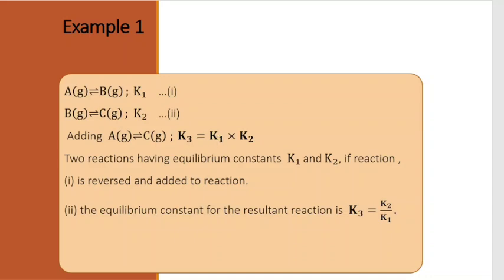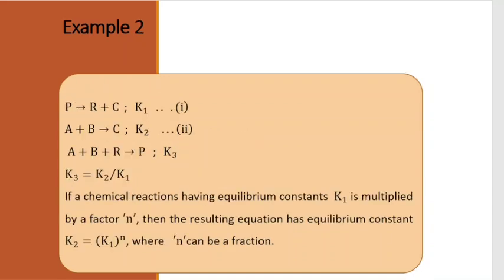Now suppose we take the reactions like this. P gives R plus C, A plus B gives C. If I want to know A plus B plus R gives P, then what we need to take here, let us suppose it is nothing but K3.